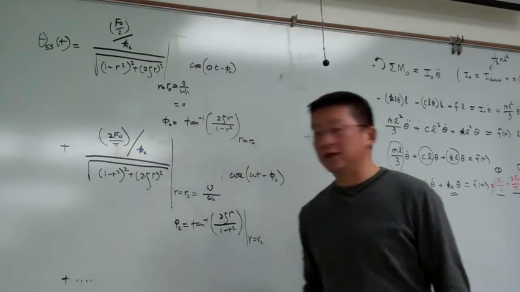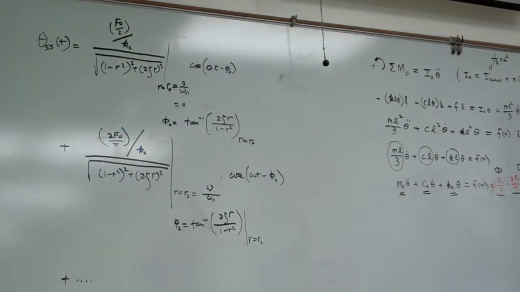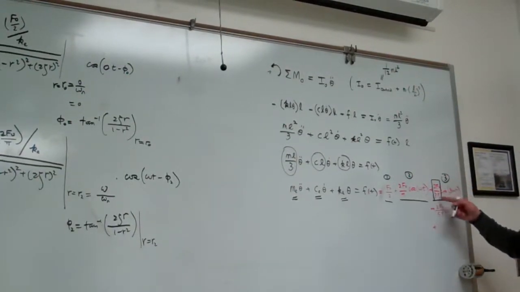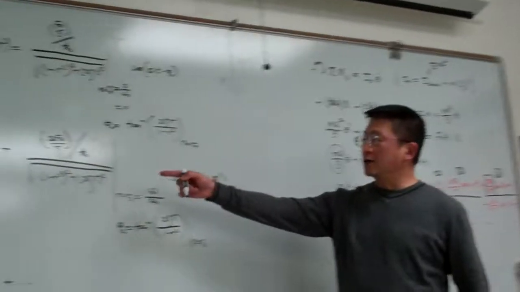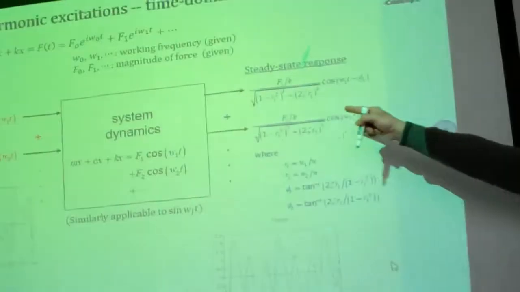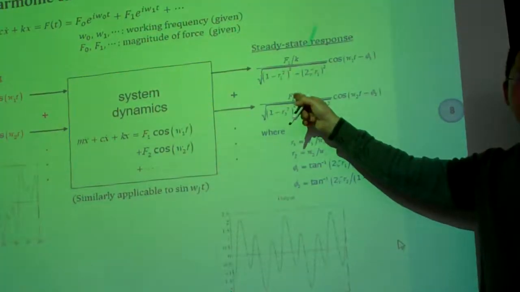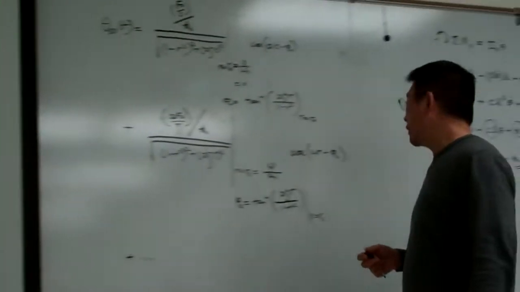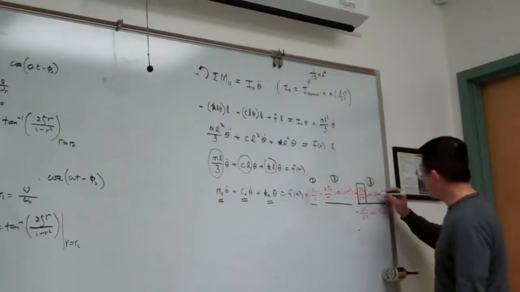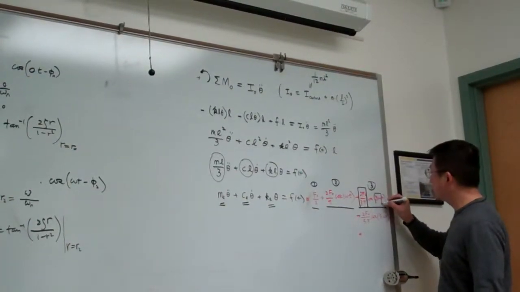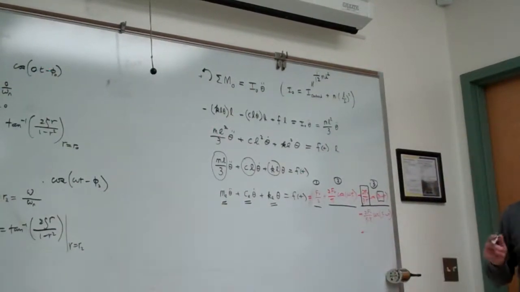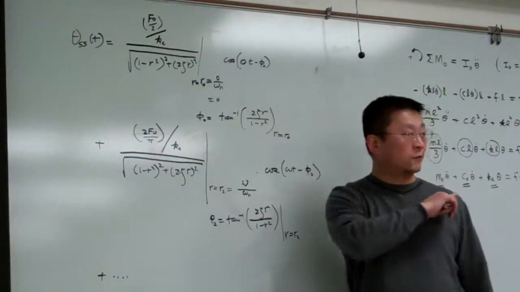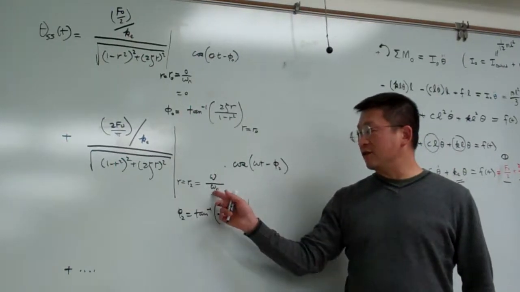So then you can repeat for the third term. For the third term, you know the magnitude equals this one. So get this into the form F1 or F2, meaning the magnitude of the force component. Okay, and for the third one, the working frequency is 3ω. Using this number to determine r, r equals the working frequency, in that case 3ω, divided by ωn.